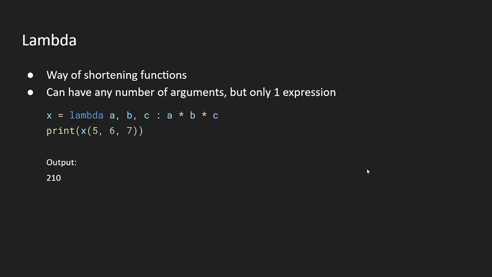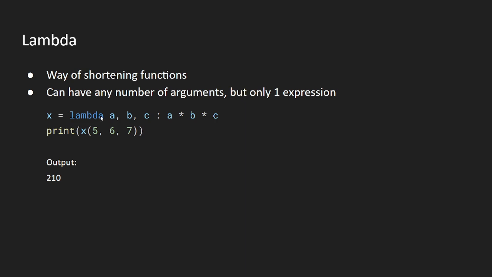Hello, something happened. Lambdas are a way of shortening functions. They can have a number of arguments, but only one expression. So here we have x equals lambda a, b, c, and then colon a times b times c. This is multiplying a, b, and c together, and we're going to print x of 5, 6, 7.